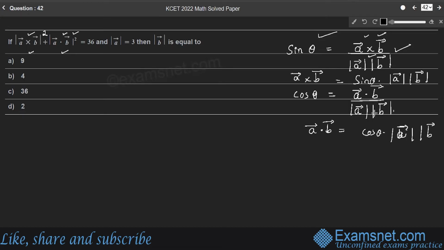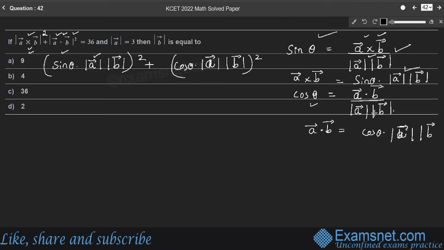Therefore, LHS can be written as mod of vector A cross B whole square, so sine theta into mod of vector A into mod of vector B whole square, plus mod of A dot B whole square, which is cos theta into mod of vector A into mod of vector B whole square.